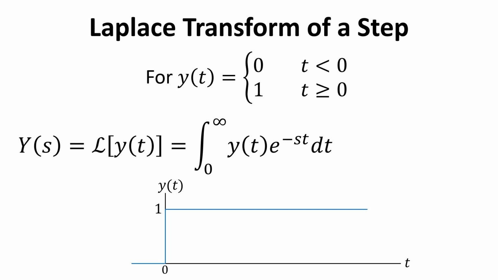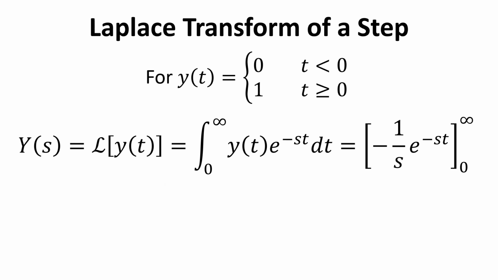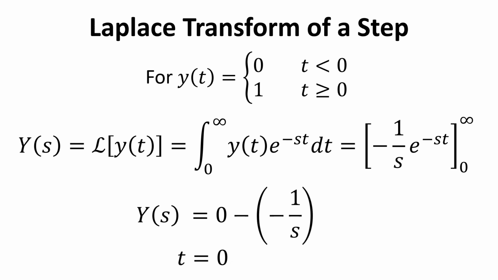You can see from the graph that where we're integrating from 0 to infinity, y of t just equals 1. So we get minus 1 over s times e to the minus st. Again, we evaluate that when t equals infinity, which gives us 0, and when t equals 0, which gives us minus 1 over s. Tidy that up, we get 1 over s. Again, we're just doing this to see what happens when we put different values in.